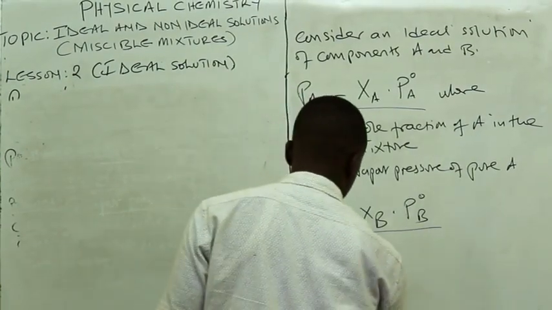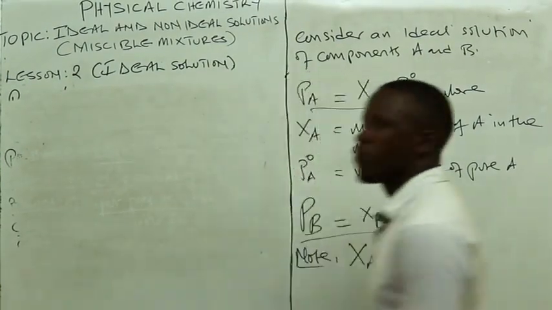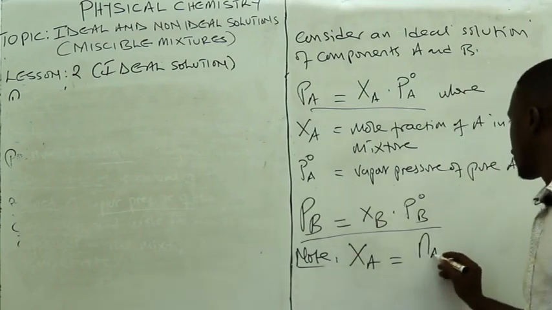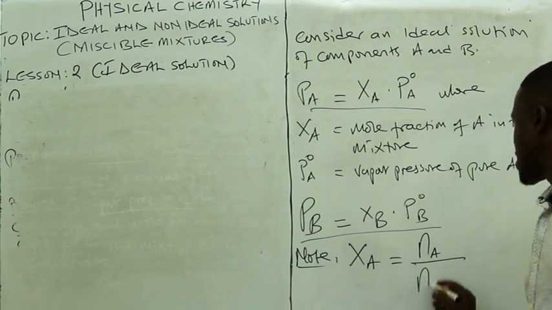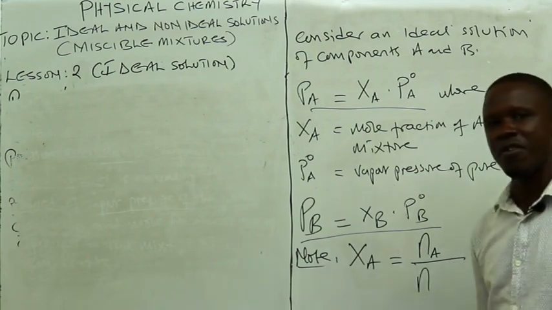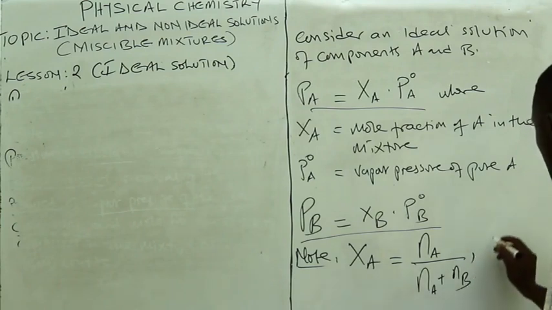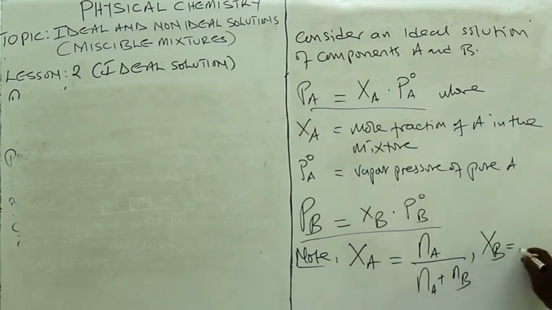Remember that mole fraction of A should be equal to the ratio of the number of moles of A over the total number of moles of the components in the mixture, so Na plus Nb. Similarly, the mole fraction of B should be the number of moles of B over the total number of moles of A and B in the mixture.